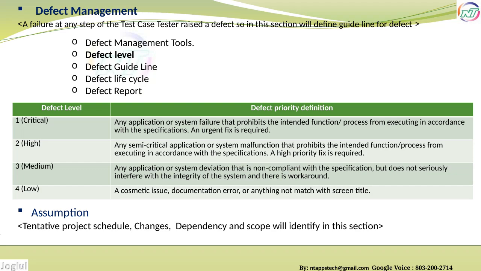Proper defect reporting and lifecycle management ensure that every defect is tracked from identification to resolution in a structured way, aligning with best practices in Agile and Scrum, where continuous feedback and quick iterations help maintain product quality throughout the development cycle.